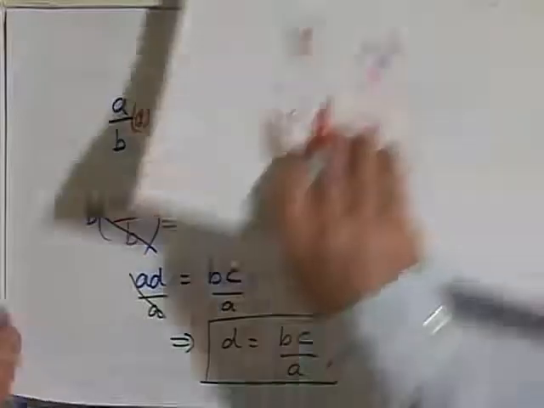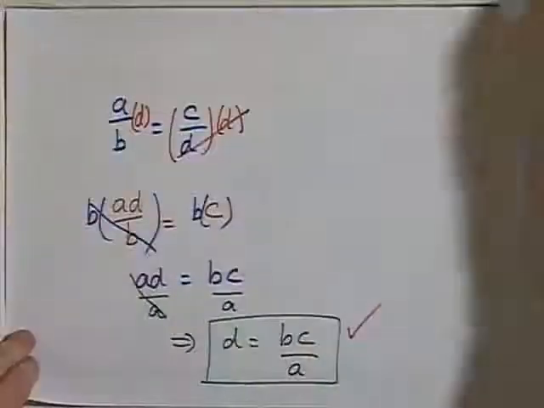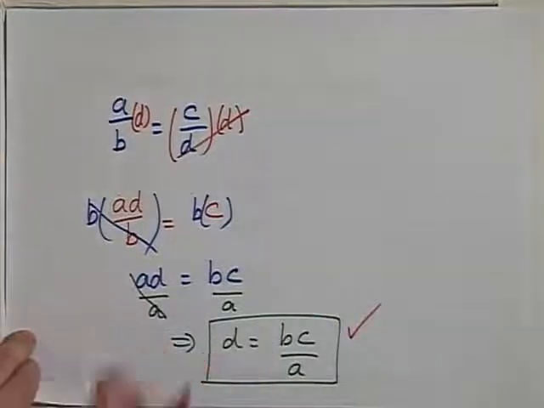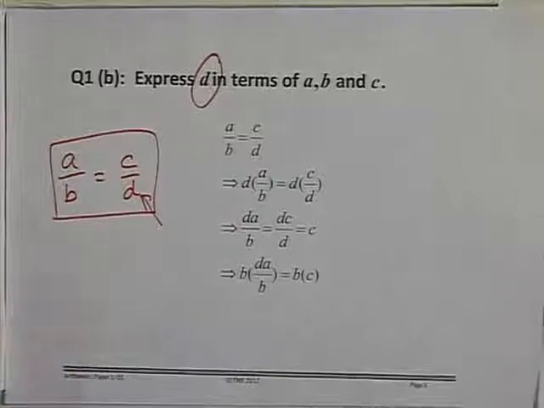This is your cross-multiplication method. You're familiar with it. But this is the slow but consistent, step-by-step process that will always get you there. So that was the cross-multiplication approach in your notes.